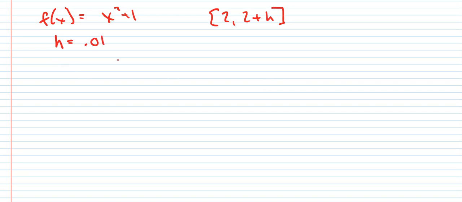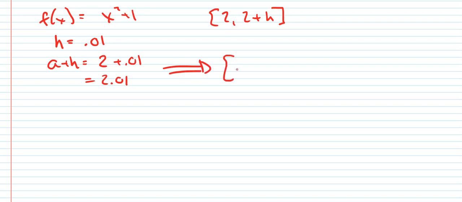Well, that means that a plus h is going to be 2 plus 0.01, or 2.01. So our interval here is 2 to 2.01. See how this 2 plus h becomes the 2 plus the 0.01.